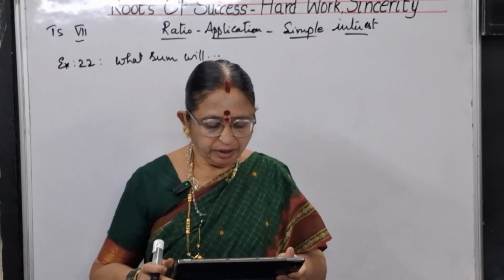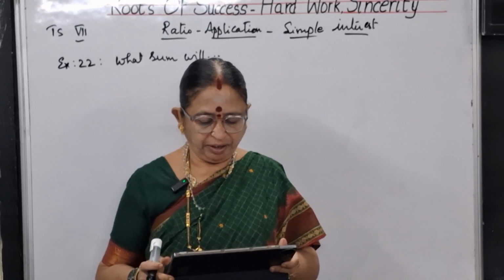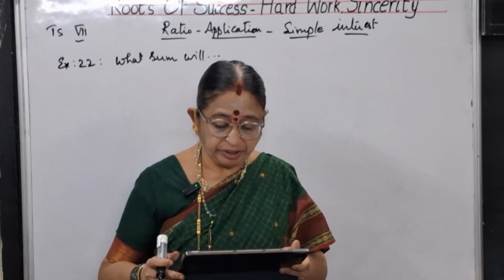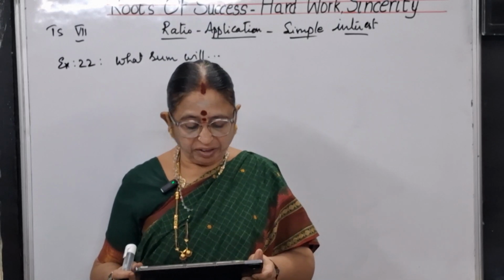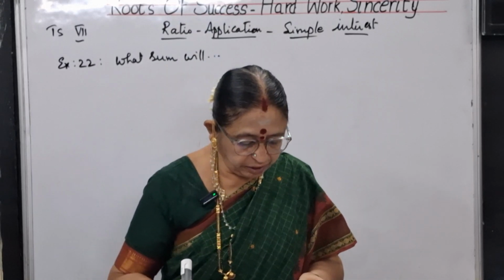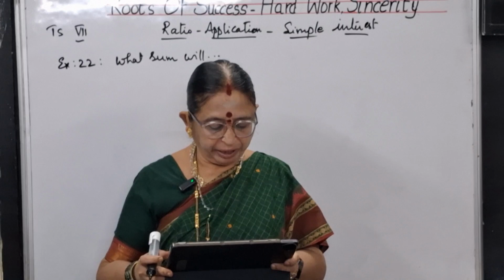What have they given? Interest they have given. Interest is 3927 in 2 years 4 months and rate is given 8%. Now you need to find out the principal.